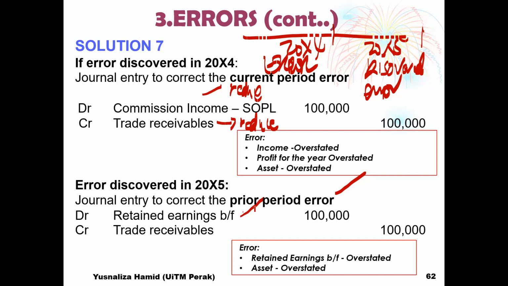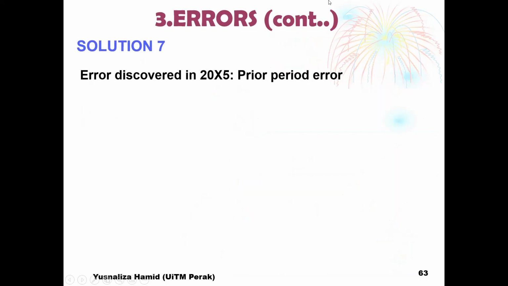So the profit must be reduced because it has been overstated. Same goes for the retained profit, which is being overstated, and the asset is also overstated. So here is being credited to reduce the overstatement, and here is being debited to also reduce the overstated retained profit by the same amount, if that happened to be a prior period error.